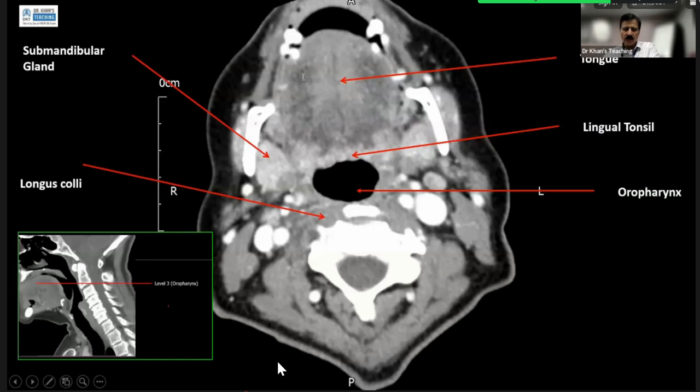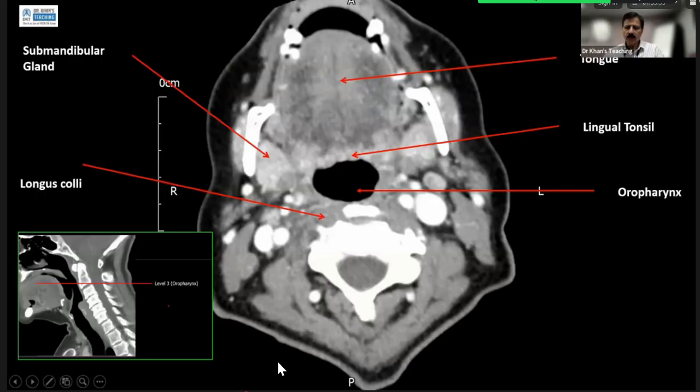Because the tongue has a bit of fat, it appears low density also. The palatine tonsil is just coming into view. So this is the oropharynx and the submandibular gland. Here there is a muscle, the longus colli muscle. It's a landmark muscle, and we will come back to this later on.